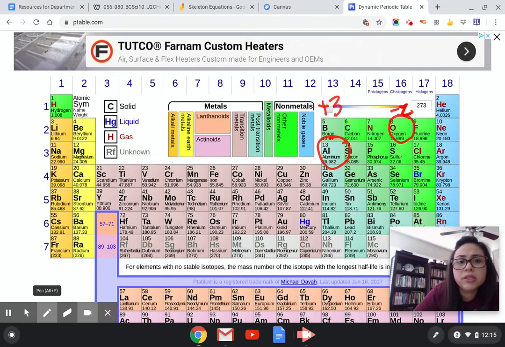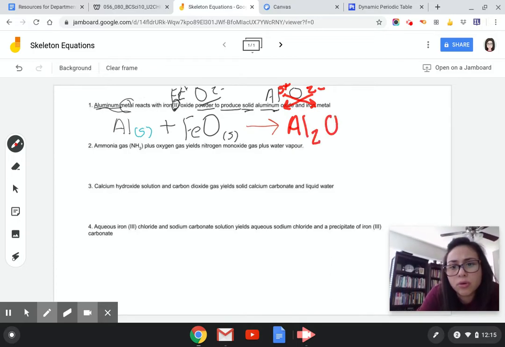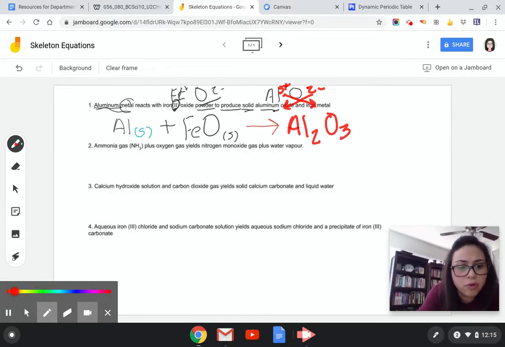So we're going to put 3 plus, and then 2 negative there. That 3 plus and 2 negative are not going to cancel out, so we're going to do the crisscross method. And that's going to turn into Al2O3. That's why last week we reviewed writing these chemical formulas. It's very important that as we move forward, we're able to do that.